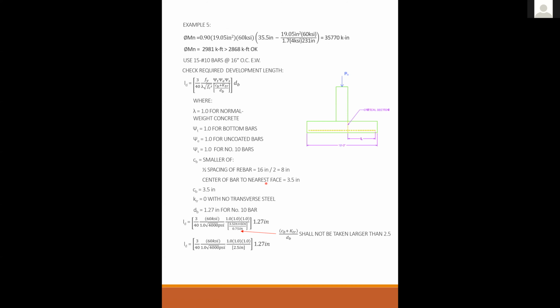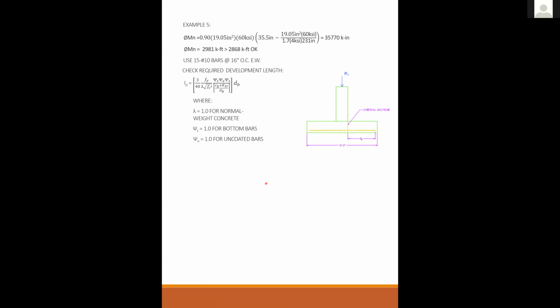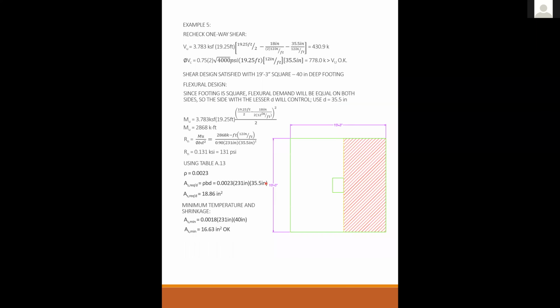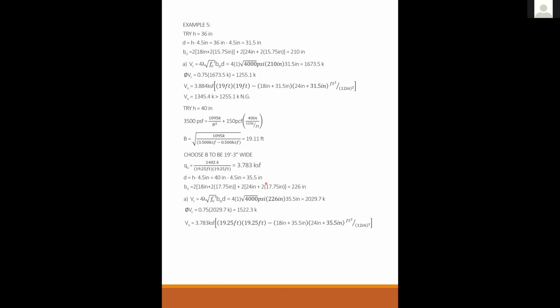I have a question. Sure. Can you go back to when we were looking for the shear demand and then the shear punch? Since we're designing it, can we solve for the shear punch first?